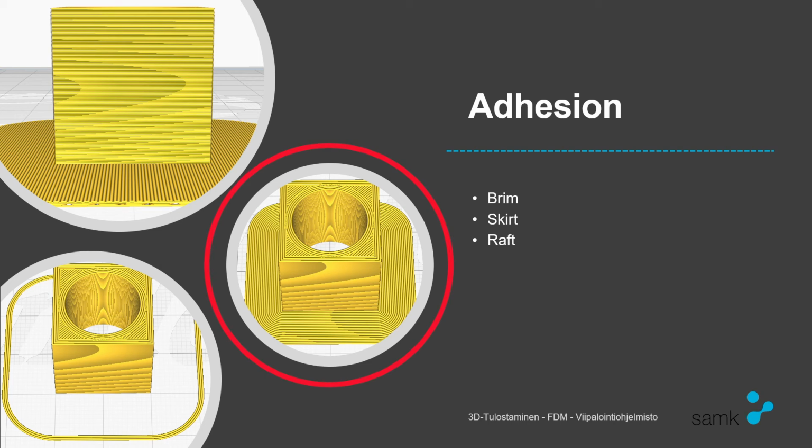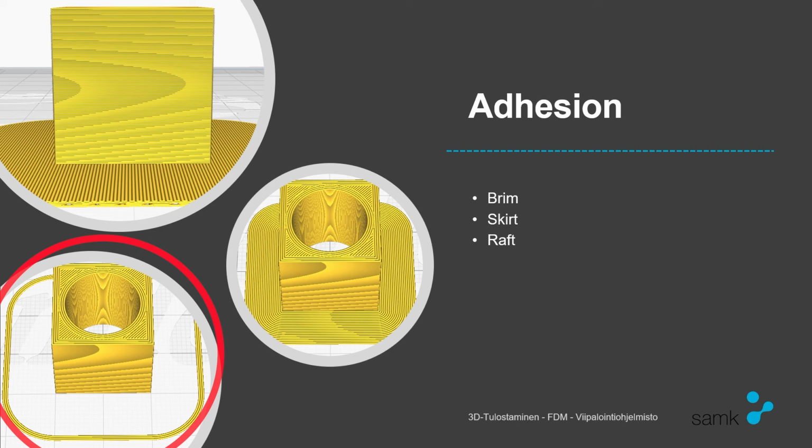Brim is the image in the middle. It basically creates a skirt that touches the print. So it goes around the part wholly and touches the print, keeping it down. If it tries to start warping from one end, it will hold it down a bit more.